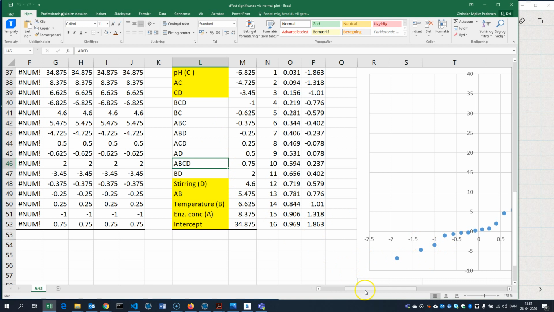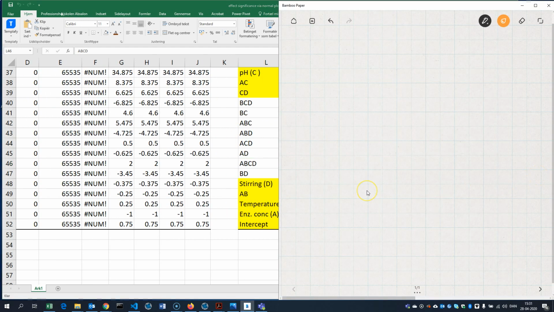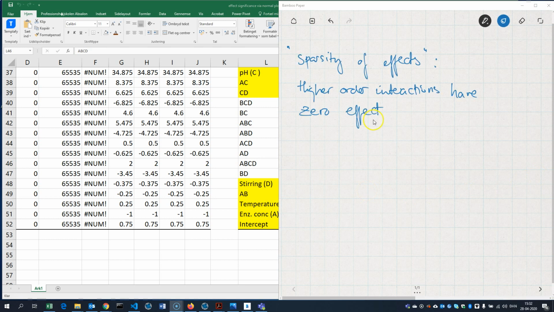So we can exploit this fact. This is also called the sparsity of effects principle. We exploit this fact, that higher order interactions have 0 effect.